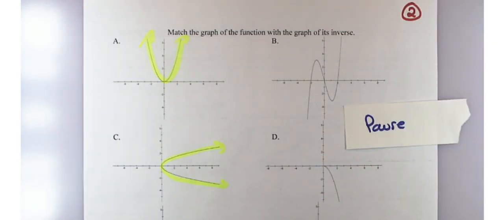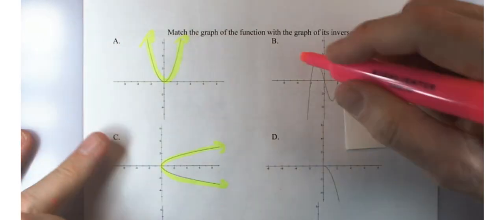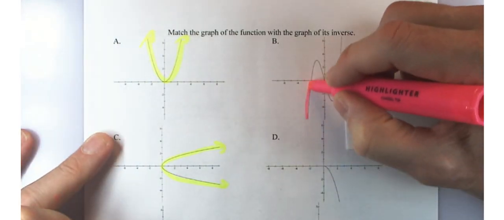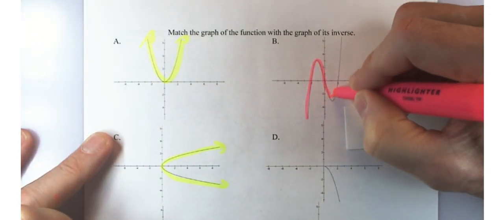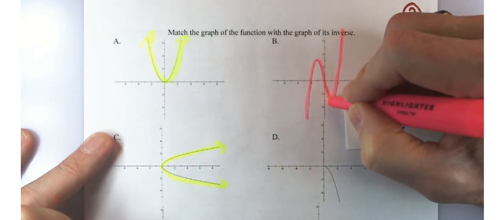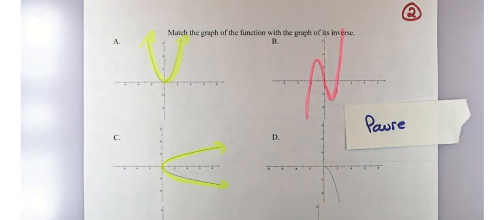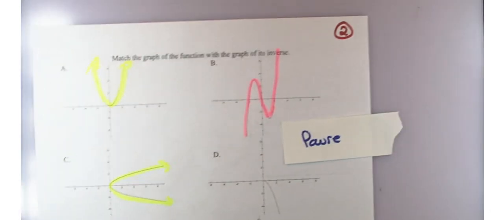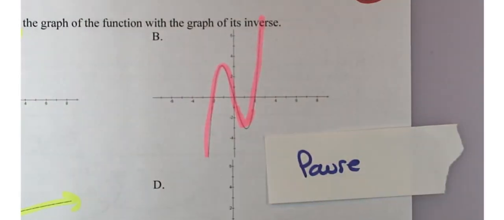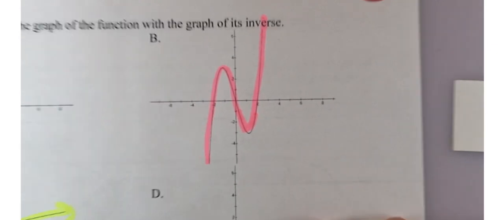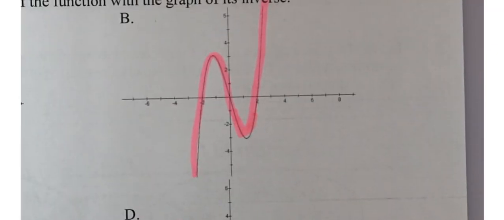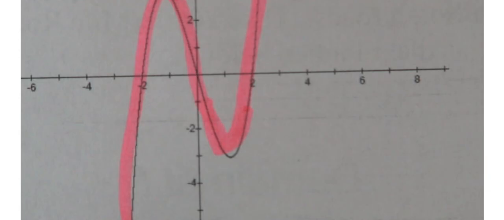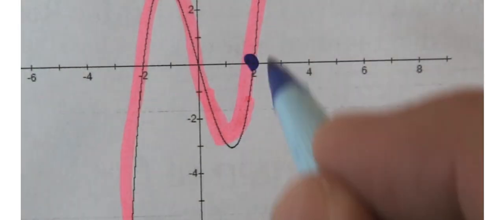So when you're looking at this graph, here's your function. What's its inverse going to look like? There is a little bit of a trick that you can do if you're a little unsure, if you're trying to decide between a couple graphs. This graph passes through the point 2, 0.